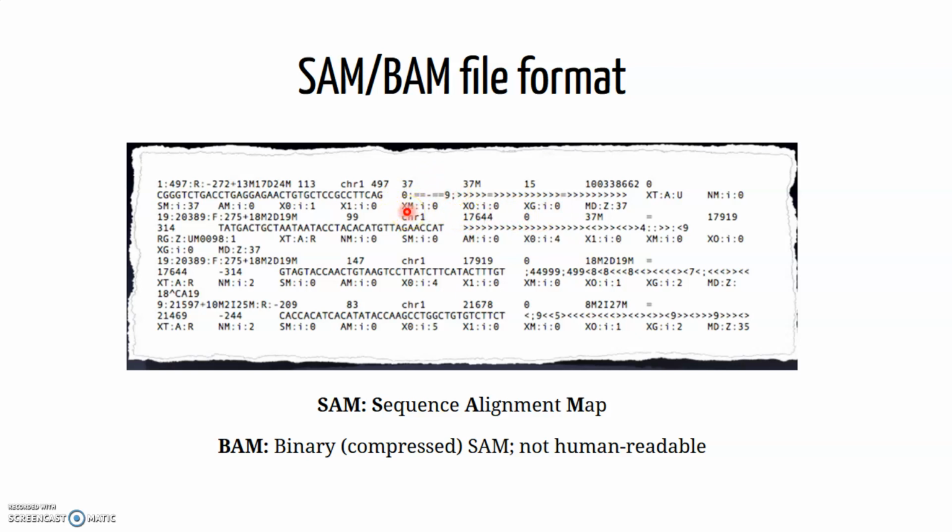This SAM-BAM format combines both the information from the FASTQ and information from the reference that we align to. So you see here, we have our actual short sequence information, we have our quality information, but we also have where this particular short sequence aligned to our reference genome, and we have that very, very long list again of all of that information.